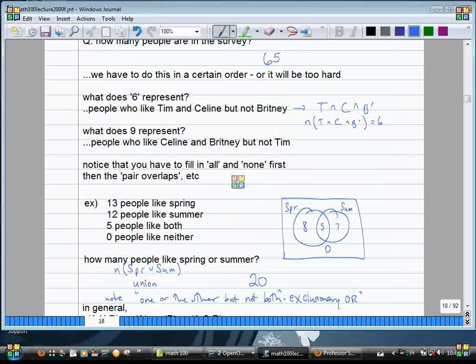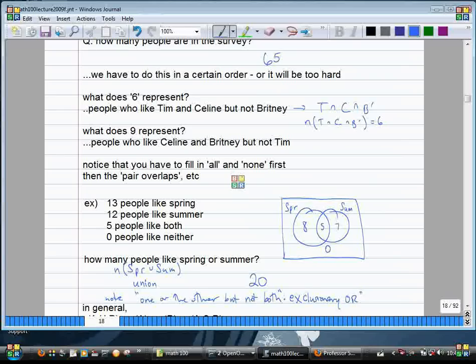When we start talking about things like and and or, that's actually the language of logic, which is what we're going to start today. But the ideas in set theory and the ideas of logic are actually connected, so I sort of slip between the two languages. And I'll show you the notation coming up.